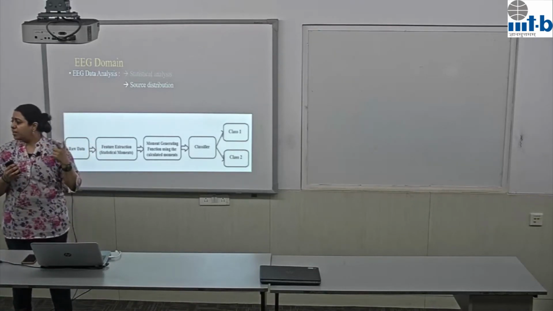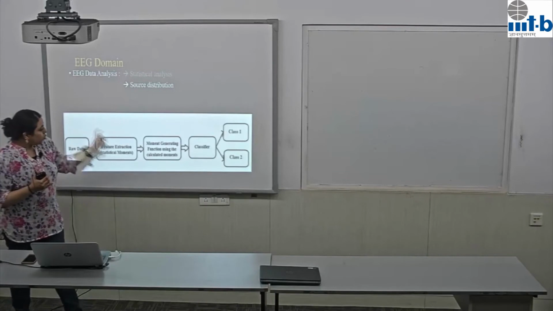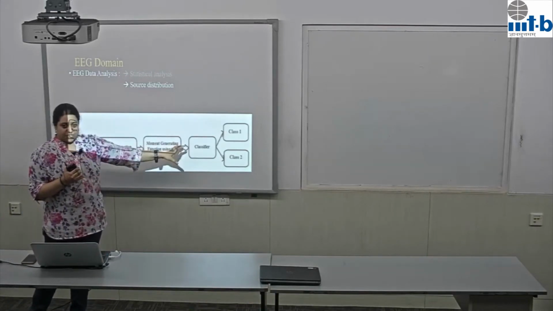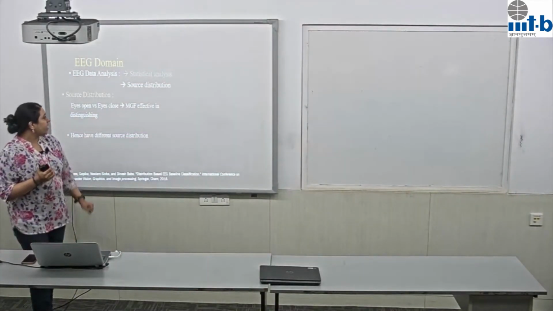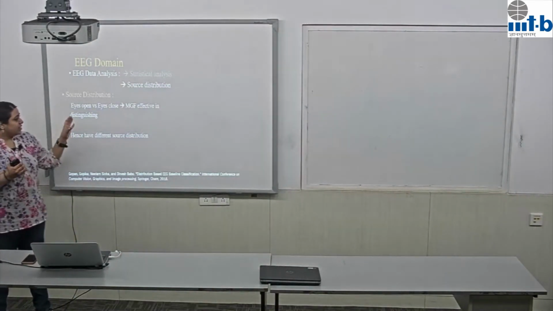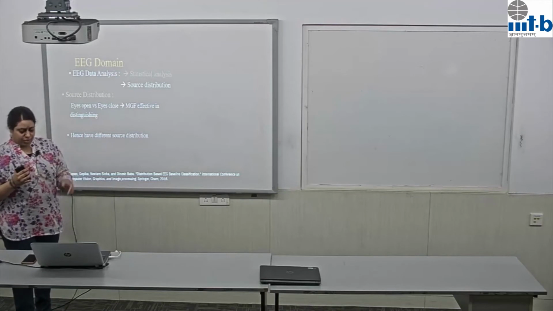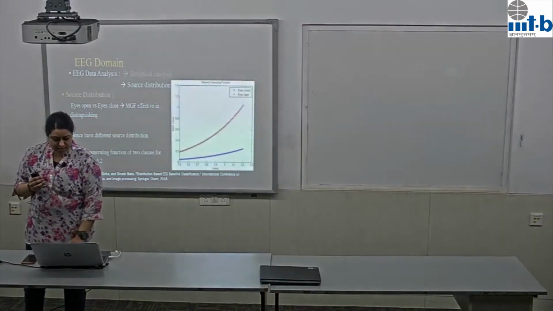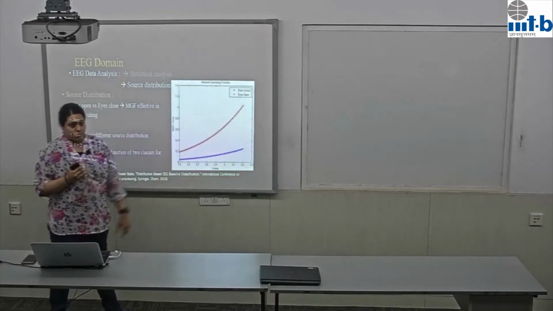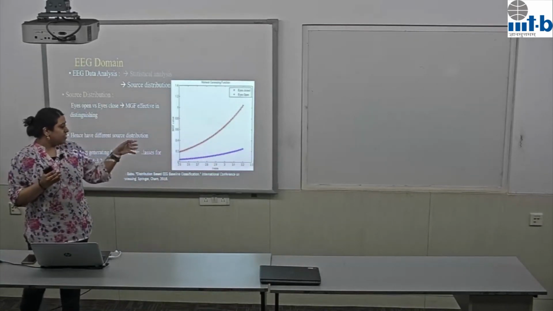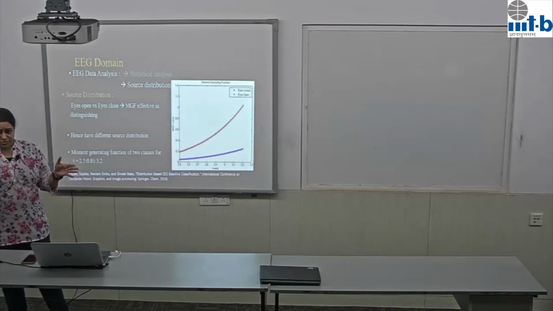We calculate the moment generating function, which is given as a feature to classify it. Here again, we find that the MGF is effective in distinguishing between these, and a sample of the moment generating function for the two classes is as follows. As can be seen from the figure, they are quite different.